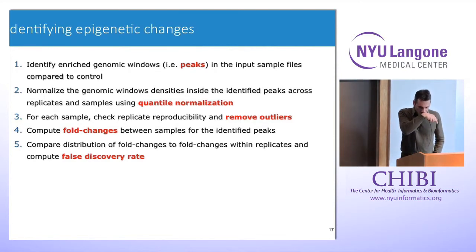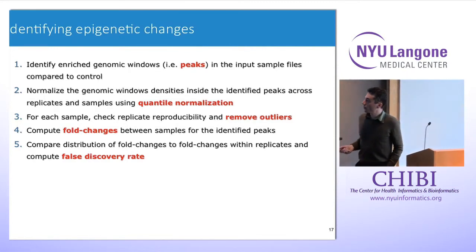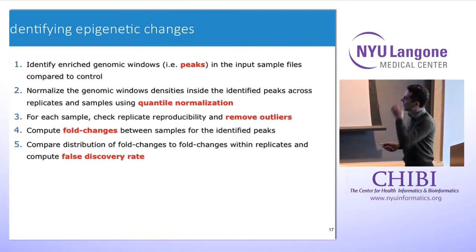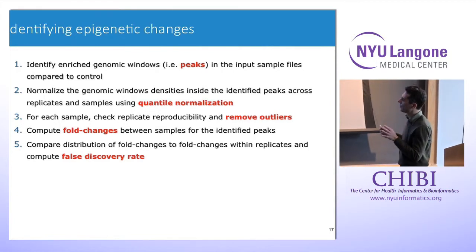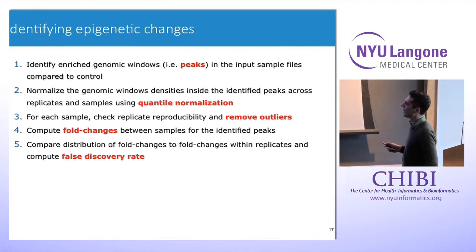Okay, so how did we solve this problem of identifying epigenetic changes? We came up with a very simple method to identify enriched genomic windows. This is something like peak calling, but we also compared to randomized controls, both locally and globally.